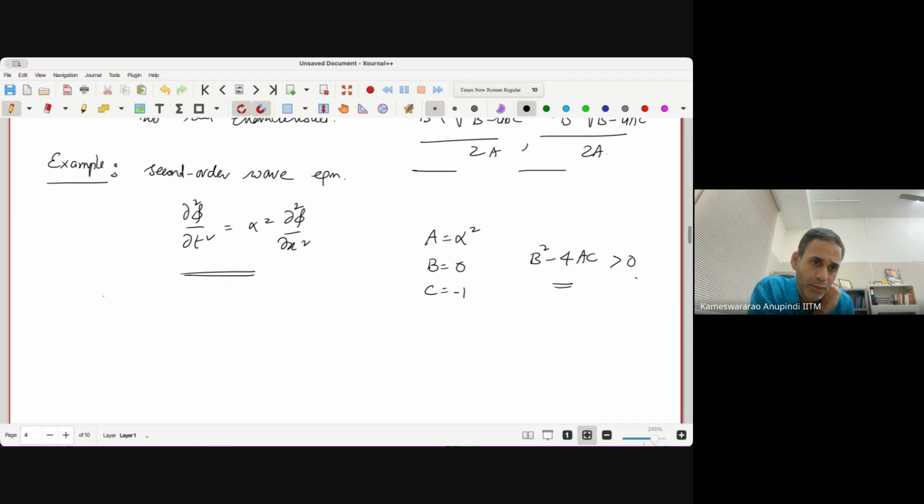In general, you know that supersonic flows are examples of hyperbolic problems. Not only supersonic flows, essentially the compressible flow problems. Compressible flows are examples of hyperbolic problems.